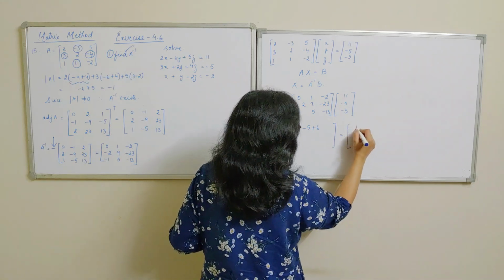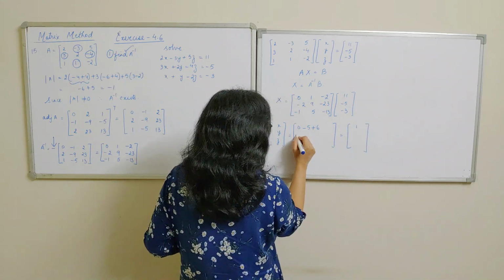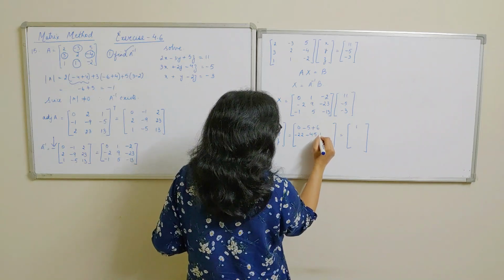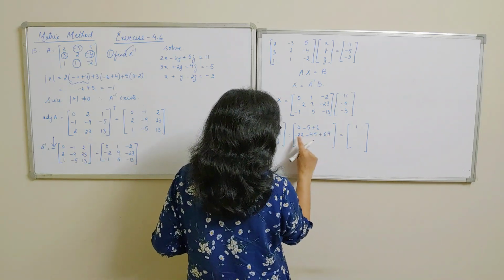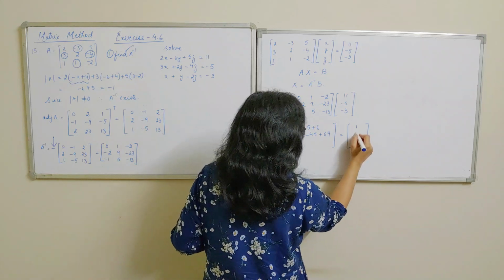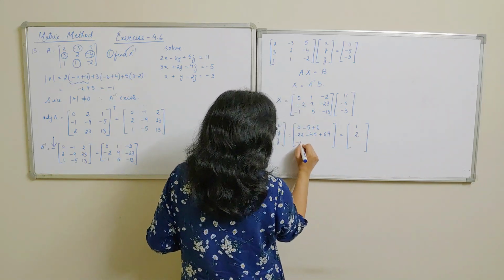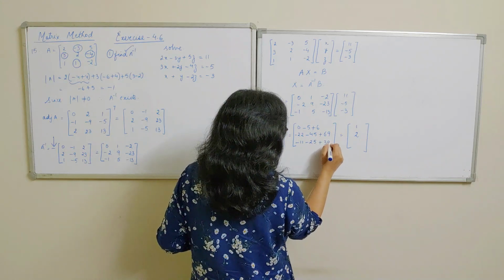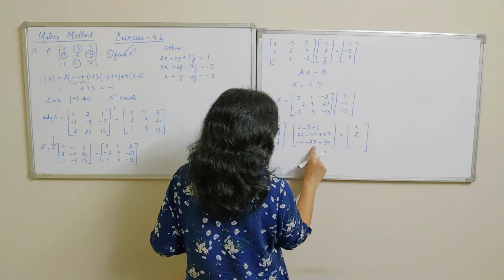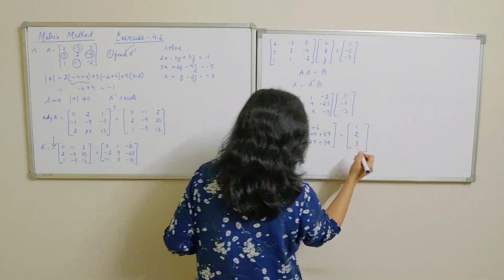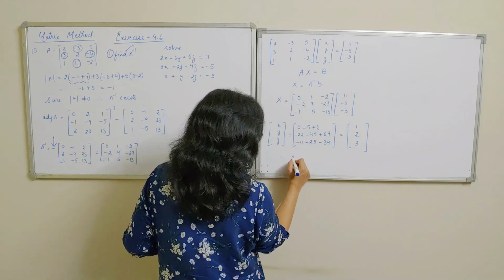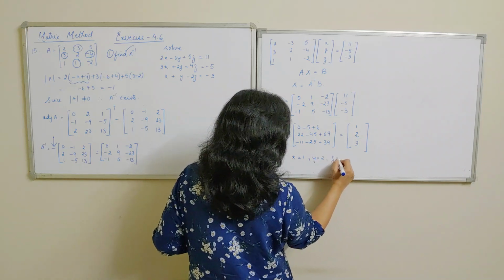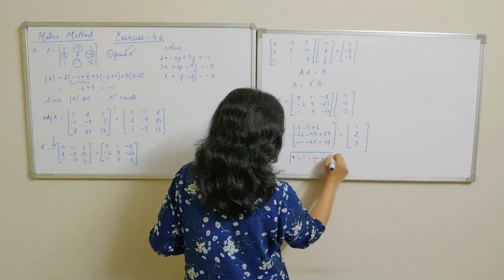That gives us 1. Then minus 22 minus 45 plus 69. So this is 2. Then minus 11 minus 25 plus 39, this is 3. So here comparing, we get x is 1, y is 2, and z is 3.